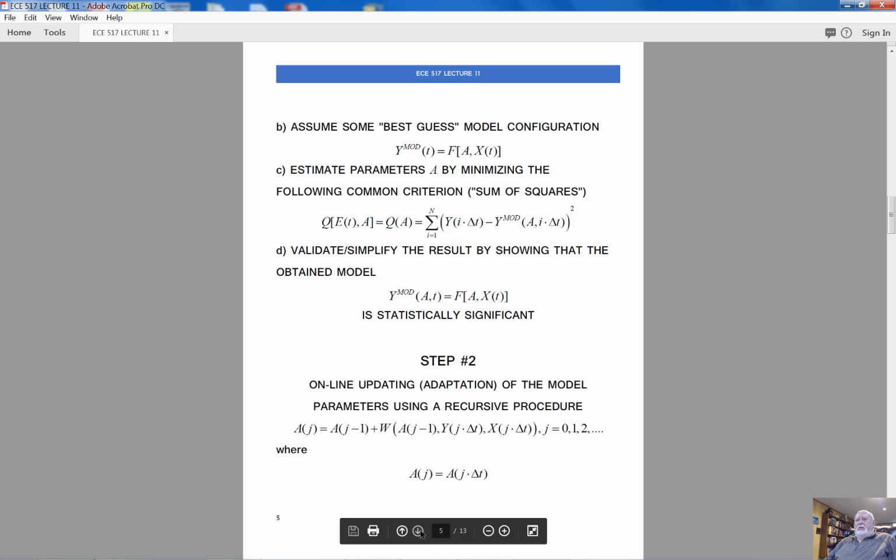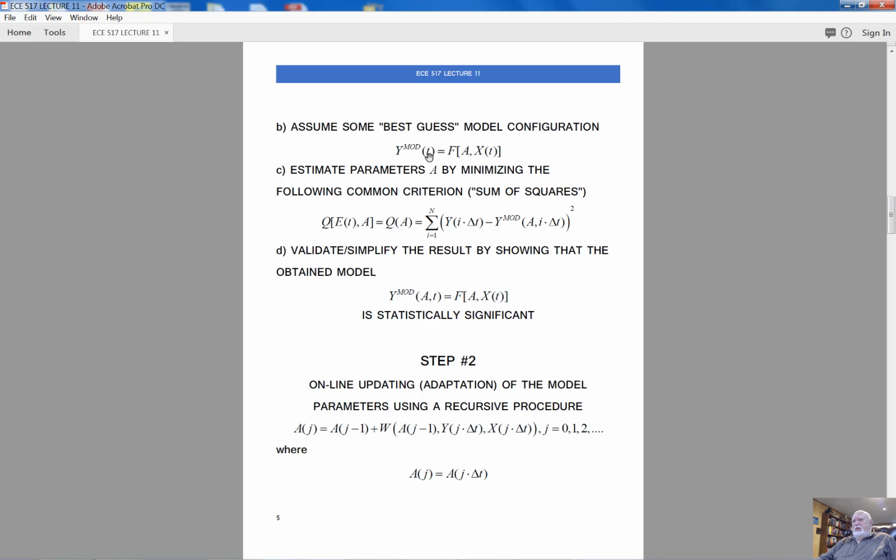Then it is time to assume some best guess model configuration. You have to have some exposure to the nature of the process. You have to understand the physical phenomena behind the process operation, but the model should be defined as follows.